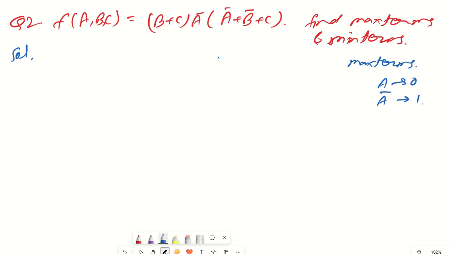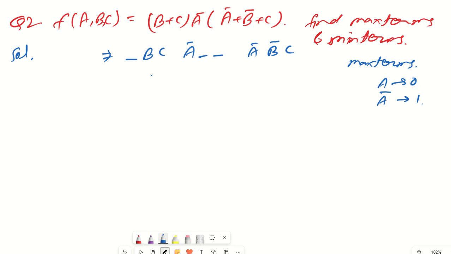So what would be the thing that we will make? The table we have to make, right? A, B, C. So I will put it A, B, C, and here A bar, B, C is missing, here A bar, B bar, C. Now in max term you know already that A bar is 1 and A is 0. So same way we will follow the principles.